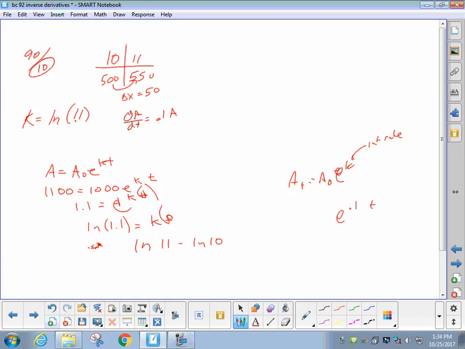If I take 1,000 e to the 0.1, that's not 1,100, I assume. It's close, but not exactly. It's 1,105.1709. It's too big.